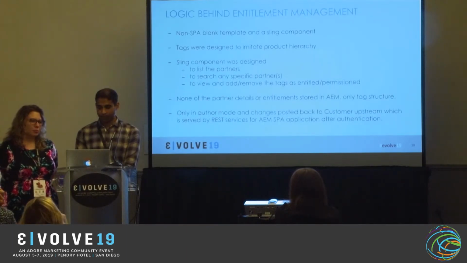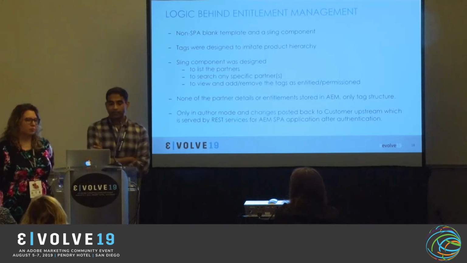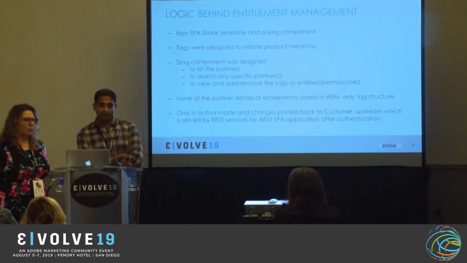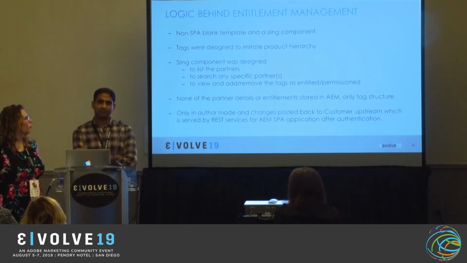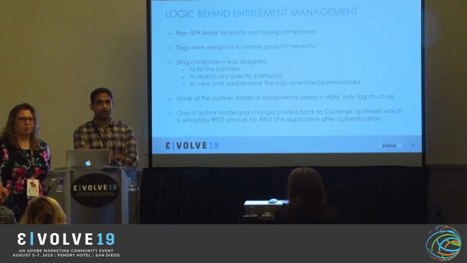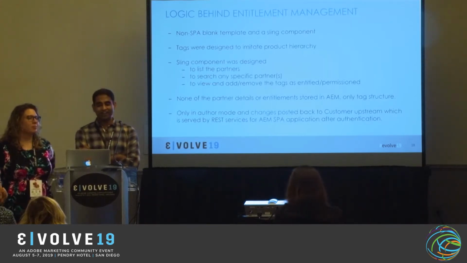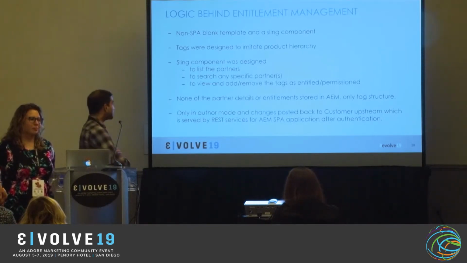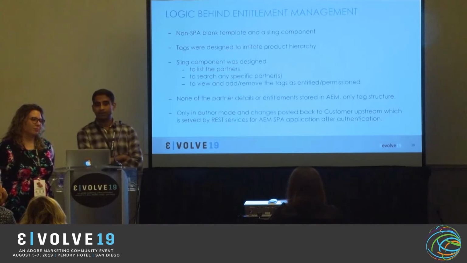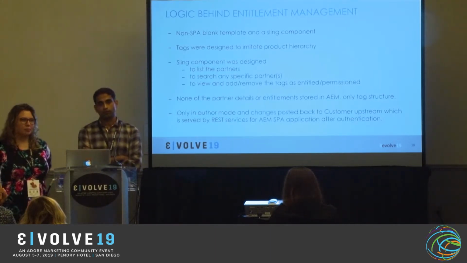Okay, getting into the details of the other things that I talked about. The entitlement management is basically just for authoring, because this is more like a permissioning system, but we had to develop it for AEM, for the customer. Here we didn't really need the SPA because it is only in the author; they just needed the UI and they didn't want it in the publish anyway.